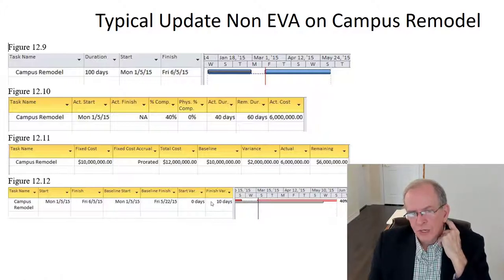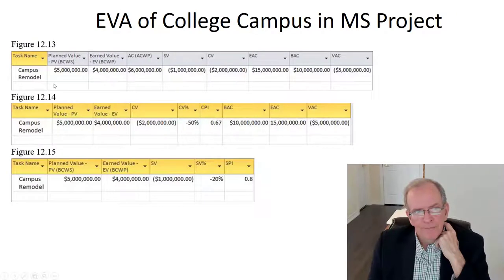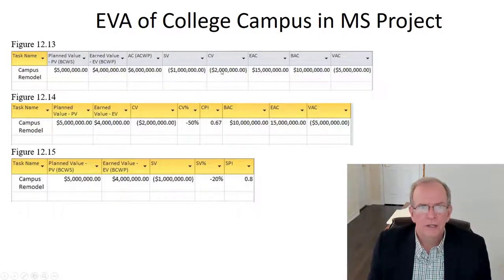But when we look at it with the earned value analysis data put in, we have our planned value at 5 million, our earned value at 4 million, our actual costs at 6 million, giving us a schedule variance of 1 million, a cost variance of 2 million, an estimate at completion of 15 million, a budget at completion of 10 million, and a variance at completion of 5 million.